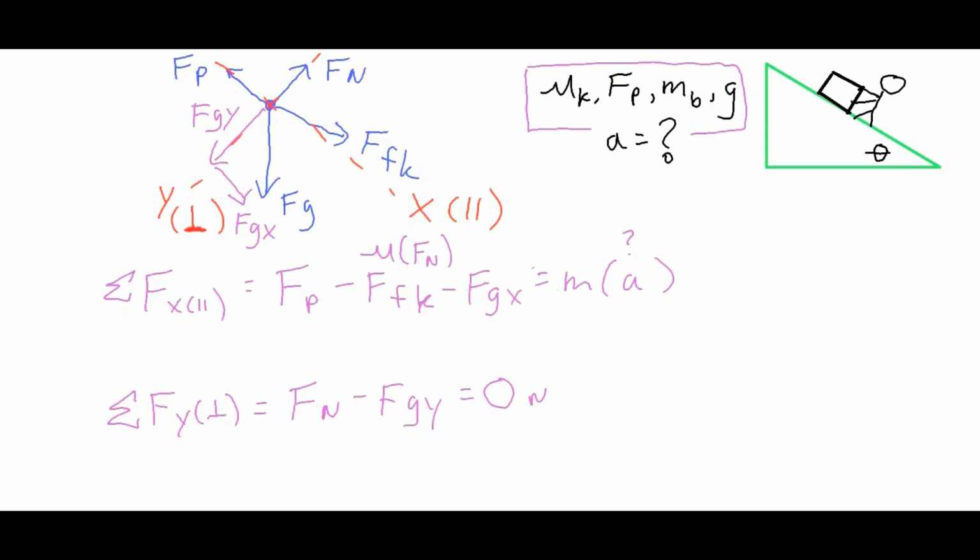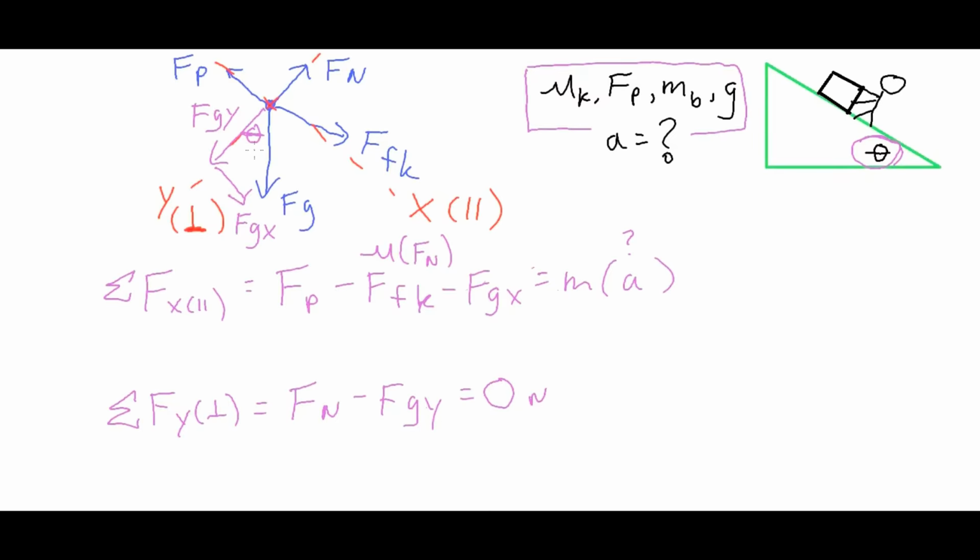All right, so now we're thinking we have this right triangle over here, our Fg triangle with an Fgy and Fgx. Now, our angle theta over here translates over here to being the theta over here. If we use the numbers, again, we're going to use sine and cosine, and Fg as our hypotenuse.